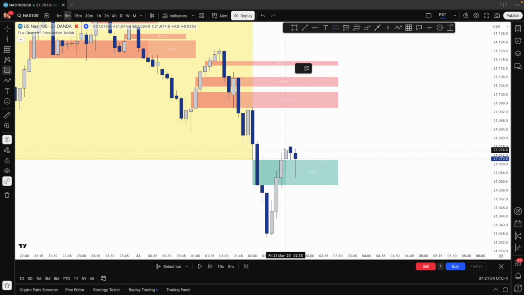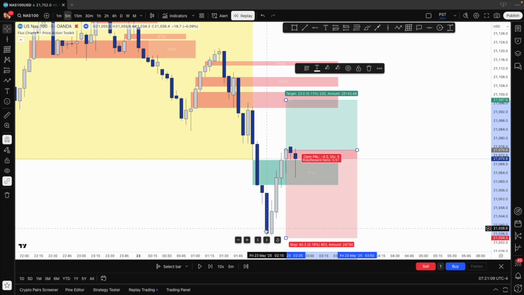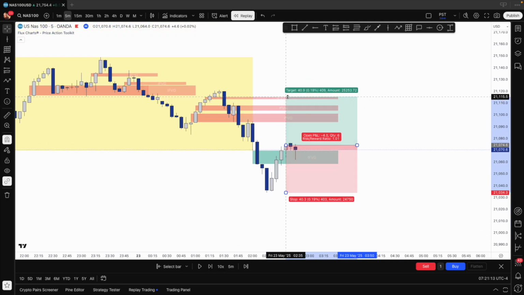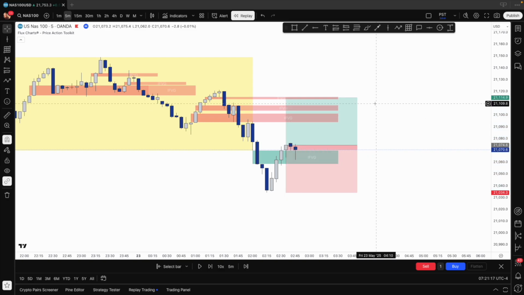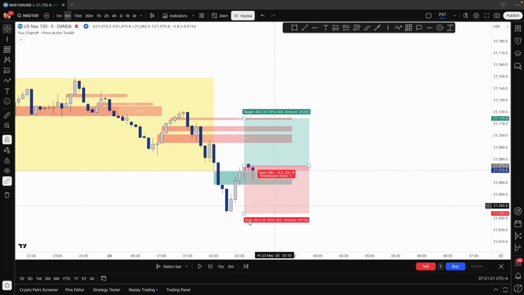So you enter right over there and put your stops at the lows right over here. Then you target a 1-to-1 for break even, and you can go for 1.5 as your primary target.